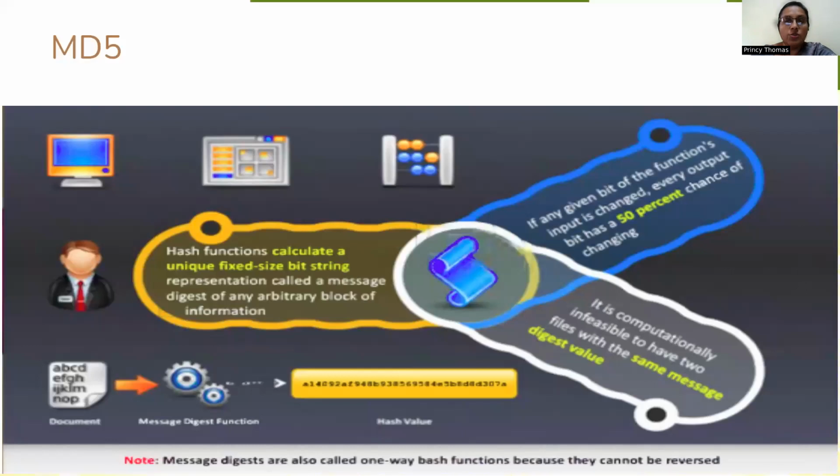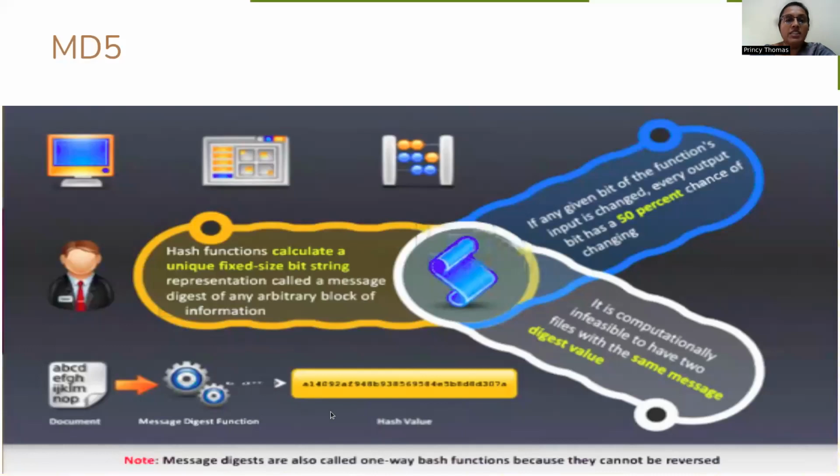So a message is given as input to the function, and as output you get a hash value, which is called the message digest. Depending on which MD algorithm you're taking, the size of the hash value will change.